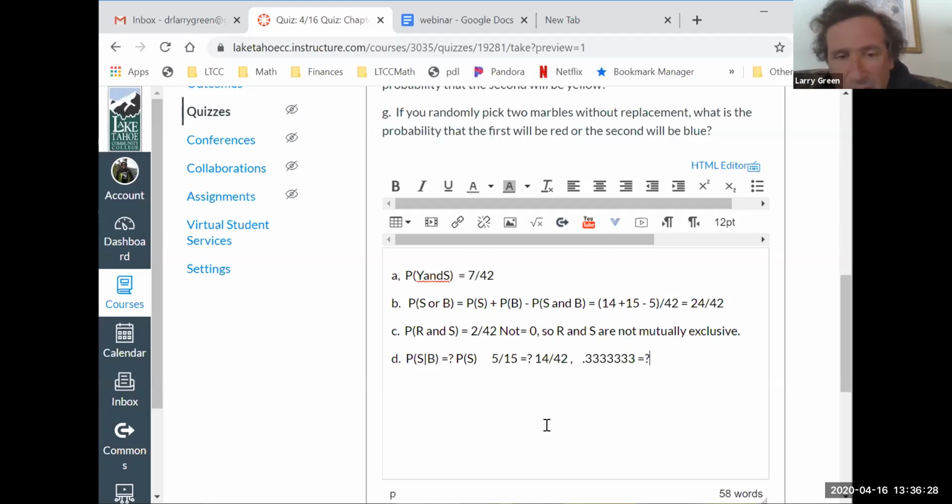And if you do 14 over 42, that's also 0.3333, a bunch of threes. Okay, and the threes go on, by the way. Are those equal? This should be an easy answer, by the way. Are those fractions equal?